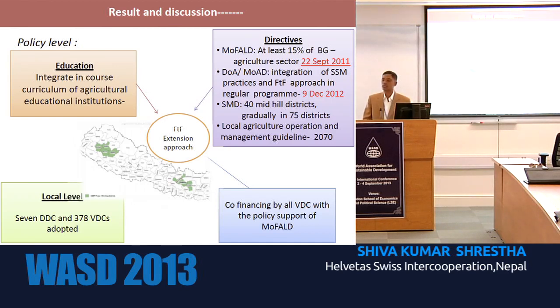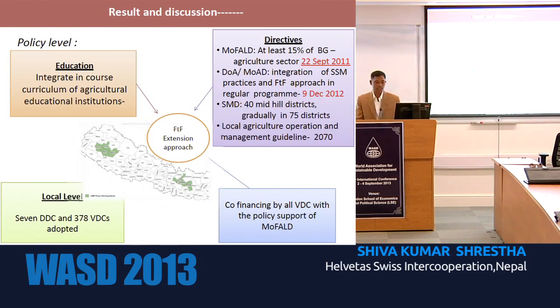And the Government of Nepal, especially the Ministry of Agriculture Development and the Ministry of Federal Affairs and Local Development, institutionalized this approach, and they are scaling it out in 40 districts from this year, and by next year we hope that it will spread across the country in all 75 districts.